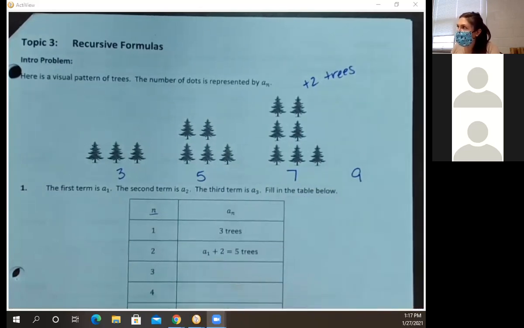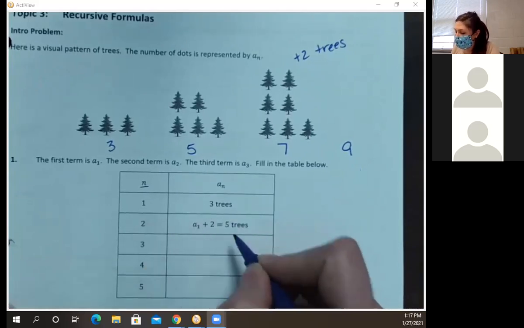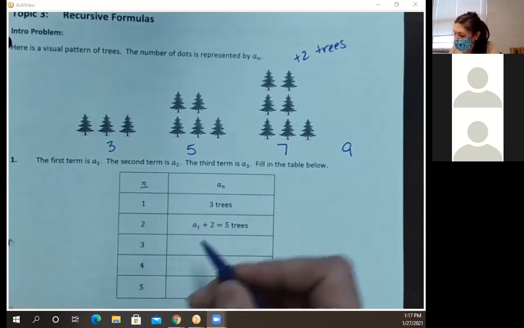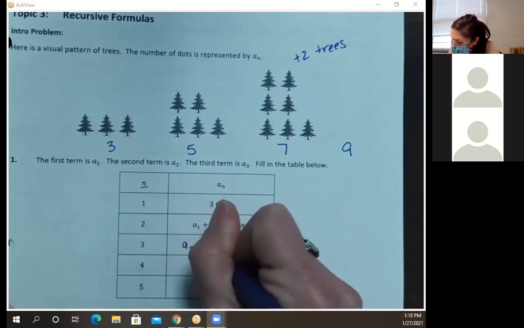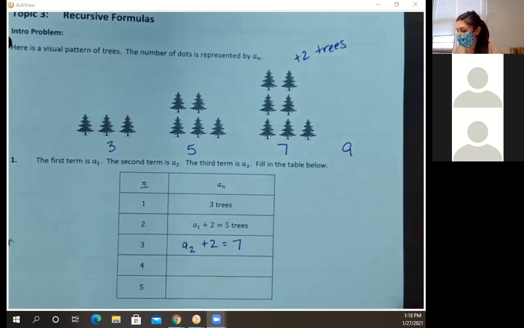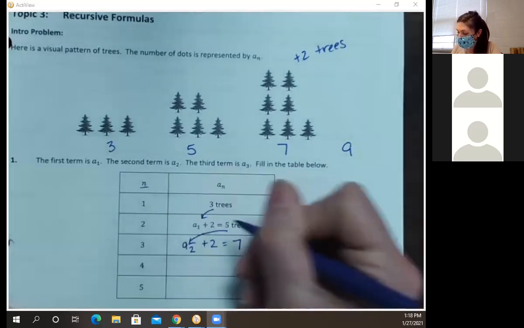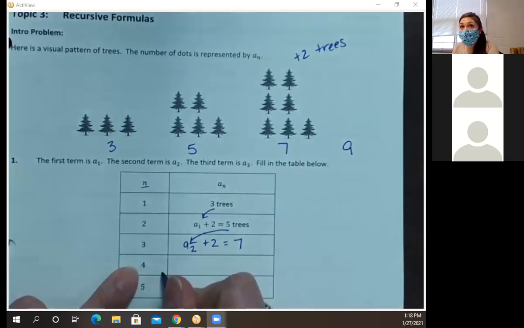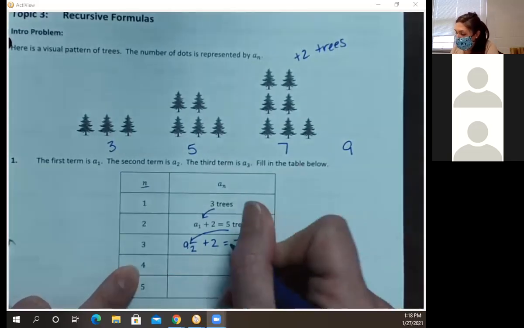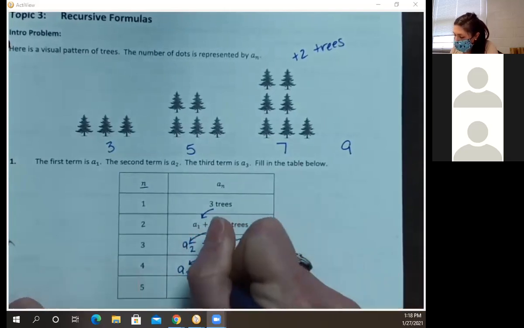So we're seeing some notation start to emerge here, right? For that second term, we took the first term and added 2. So for the third term, I would take the second term and add 2 to get 7, right? So for our fourth term in the sequence, I would take the one before, that third term, and add 2.